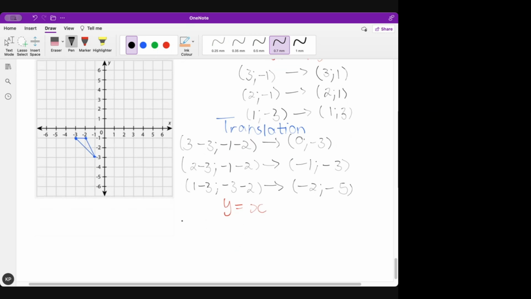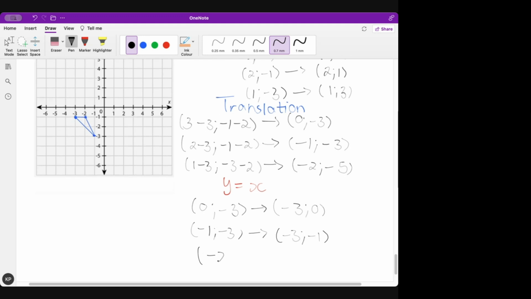So my final coordinates now, I'm going from 0, -3 to -3, 0. From -1, -3 to -3, -1. And finally from -2, -5 to -5, -2.